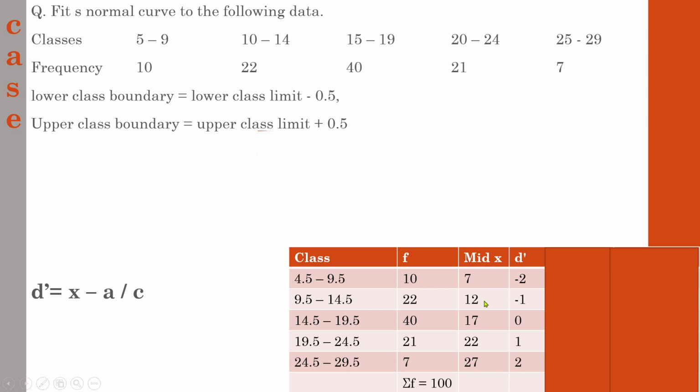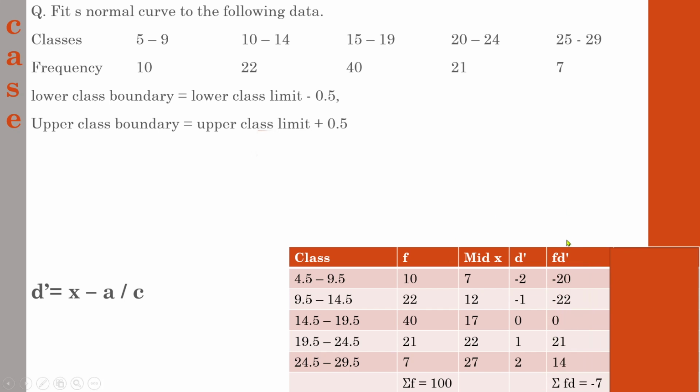Next, 12 minus assumed mean 17 divided by 5, I will get minus 1. 17 minus 17 by 5 you will get 0. 22 minus 17 by 5 you will get 1. 27 minus 17 divided by 5 you will get 2. That is how I have got d dash, otherwise known as signless d, or deviations. It's better to study it as deviation.